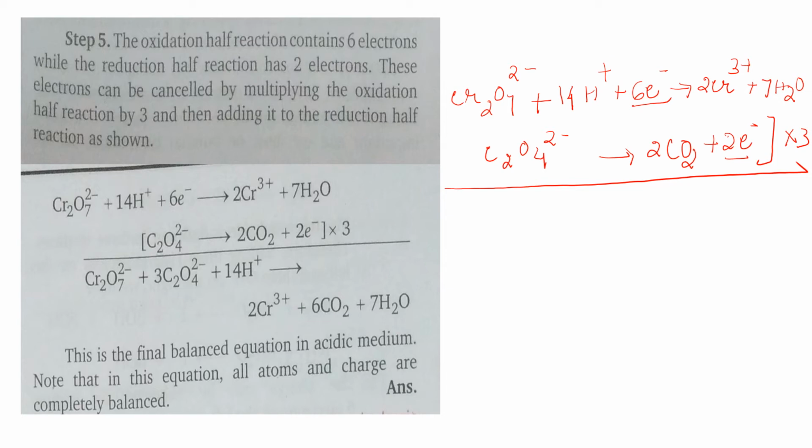Now after multiplication what am I getting? The electron in the second one is becoming 6. So this electron and this electron get cancelled. Now what I am getting?